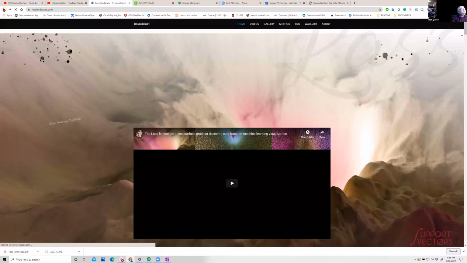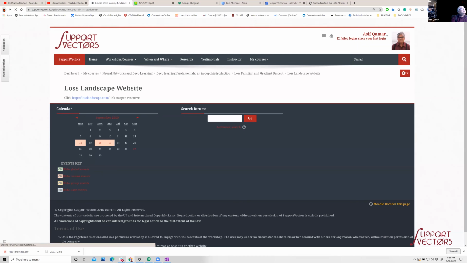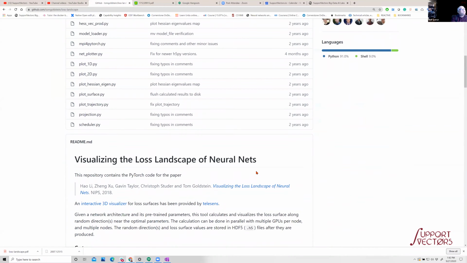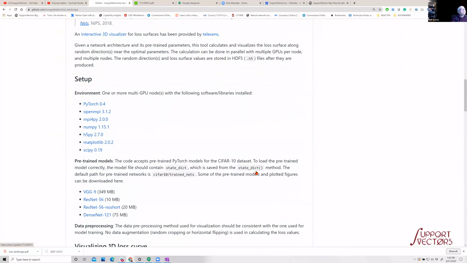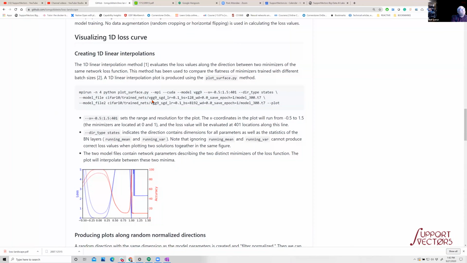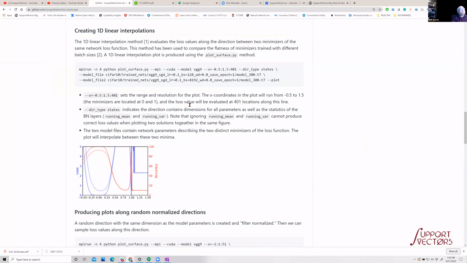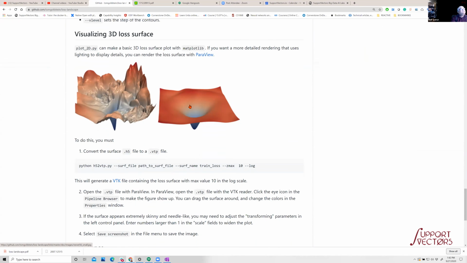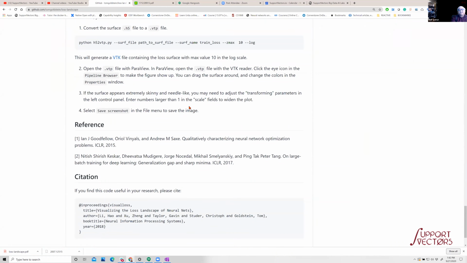And then if you feel up to it, the GitHub has the whole code of it. You can play around with the code. And they give you tools for you to generate your own visualizations. And that is that.